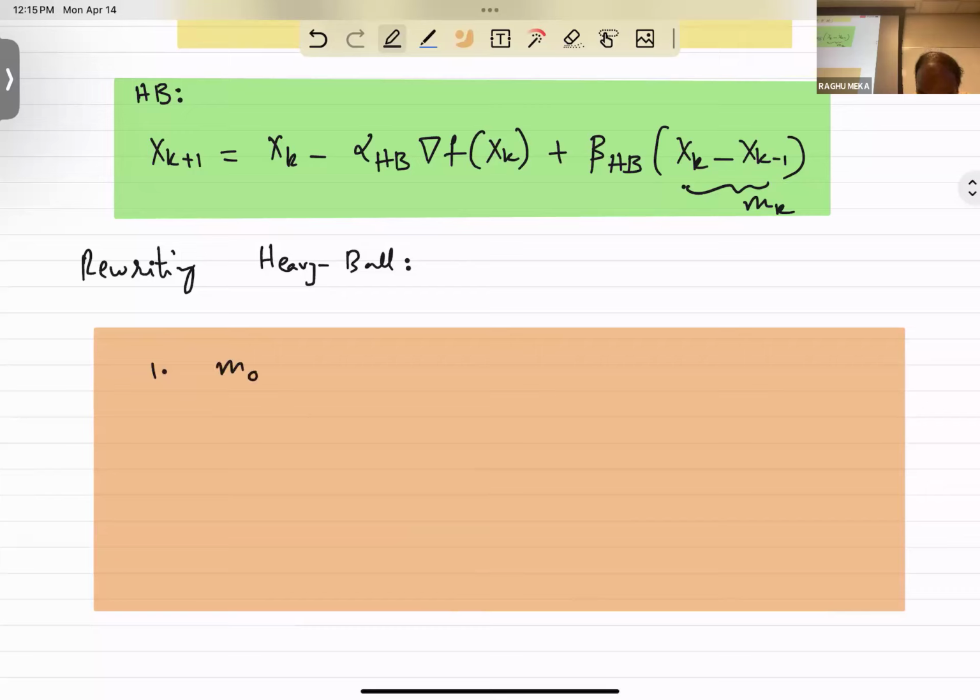So I'm going to initialize M0 is 0. And you update the momentum term. MK is some beta times MK minus 1 plus GK.